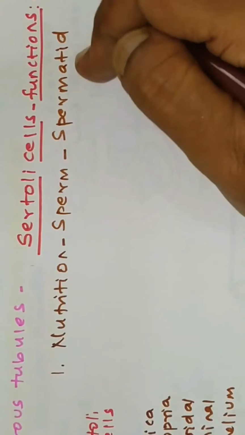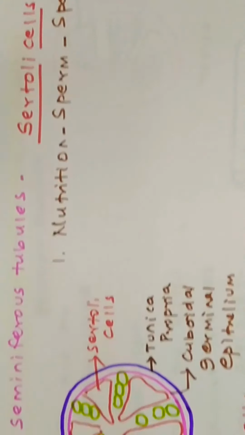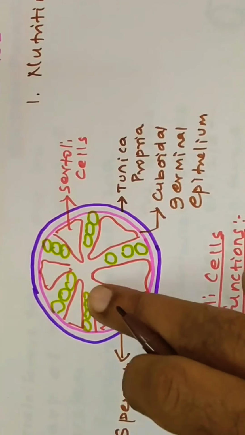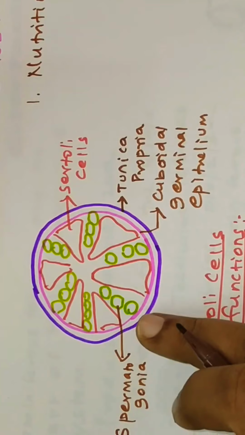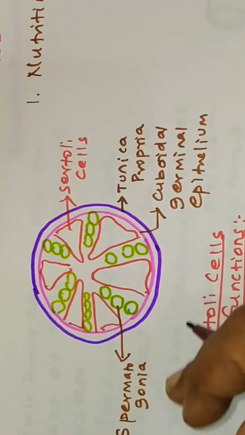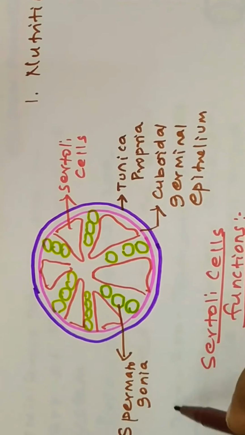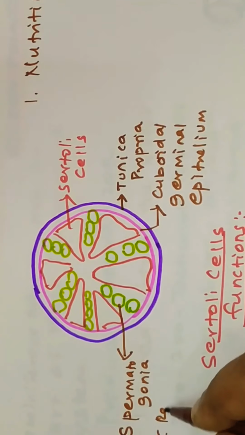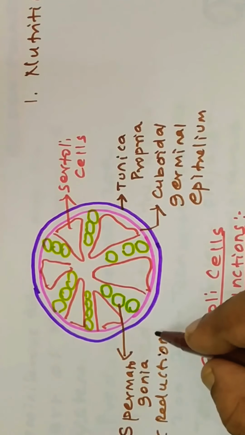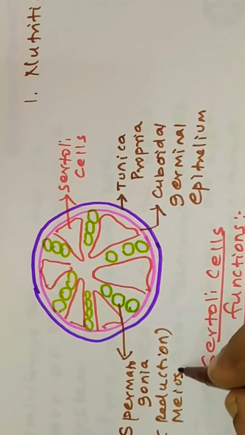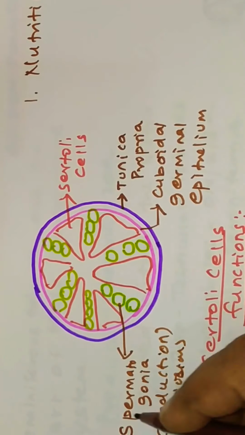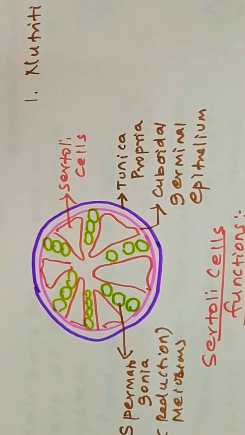Spermatid is nothing but an immature spermatozoa. See the pictures. This is called a spermatogonia cell. Some spermatogonia cells undergo division. This spermatogonia cell undergoes reduction division, meaning meiosis division, and produces various stages of cells.